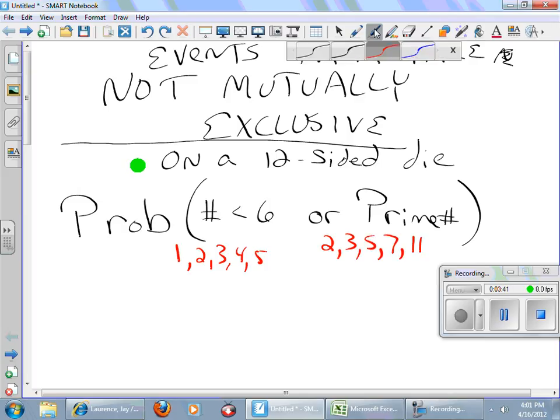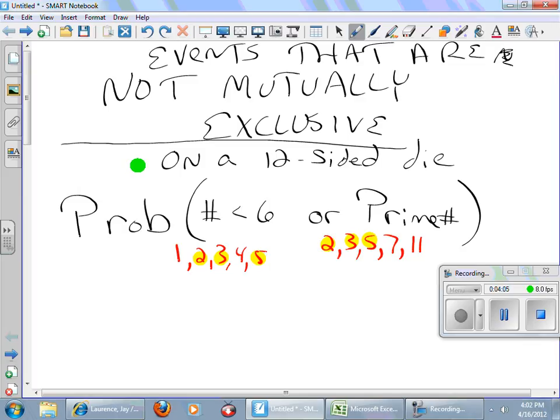Did you hear me repeat myself? I sure did. I said the numbers 2, 3, and 5 on each side. These events are not mutually exclusive because if I get a 2, it counts on both sides. It counts as being a number less than 6, and it also counts as a prime number.